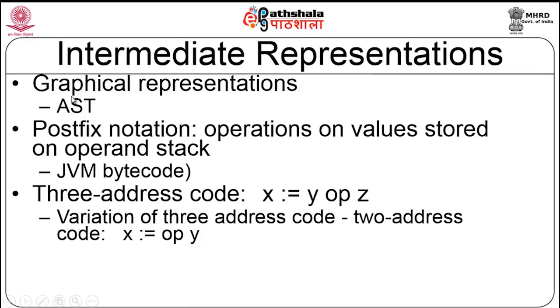In postfix notation, I can have a binary tree constructed and do a post order traversal, or I can simply have a postfix expression itself, generated by converting a normal expression to postfix notation. Or I can have the intermediate representation called 3 address code. When I have a 3 address code, I am permitting up to 3 addresses. That is what we talk about here.